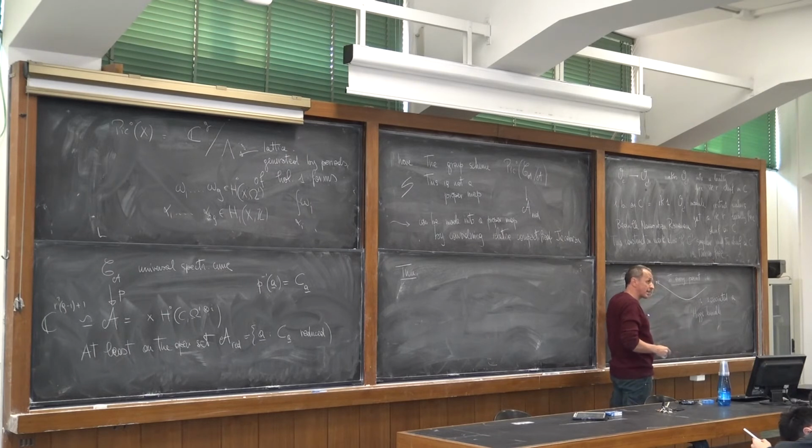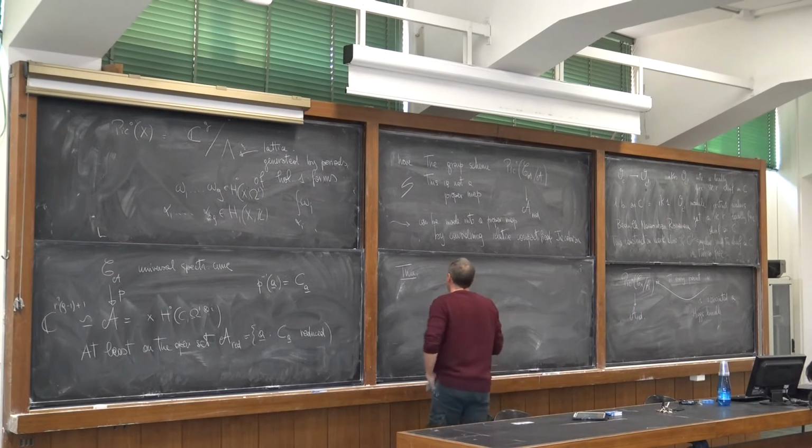Over the open set where the spectral curve is non-singular, there's no need to compactify. We already have something compact, and we have an abelian variety, a complex torus. So this is a torus fibration over a big affine set, okay?